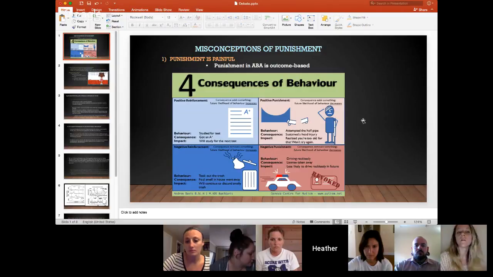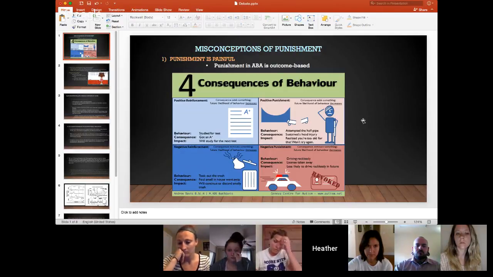On the other side, positive punishment would be the same consequence, adds something to the environment, but the future likelihood of the behavior decreases. So, for example, if you attempted a physical feat and sustained an injury, you probably won't do that again, so your behavior has decreased.